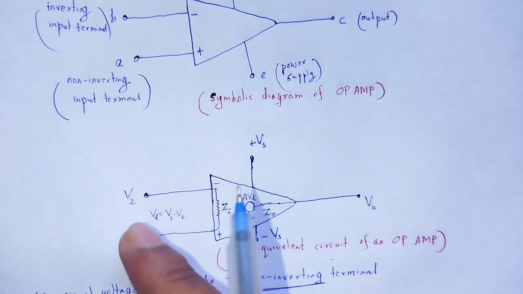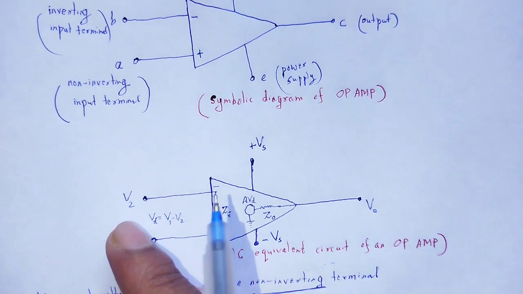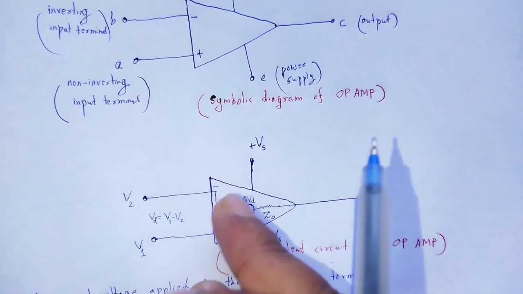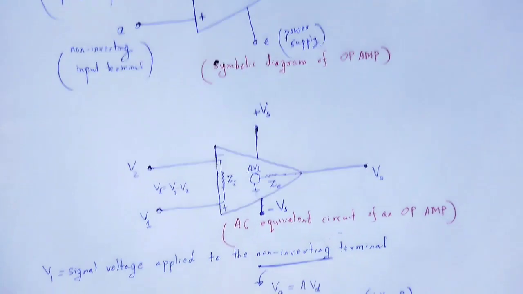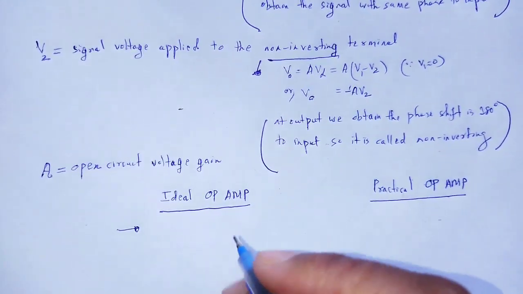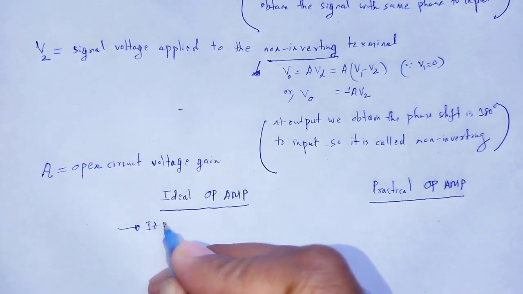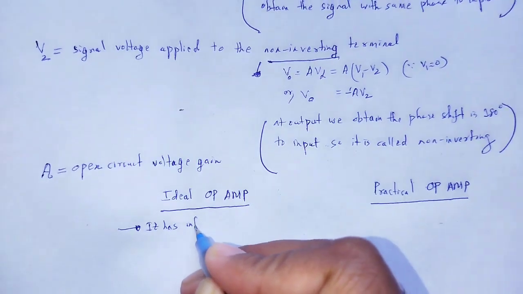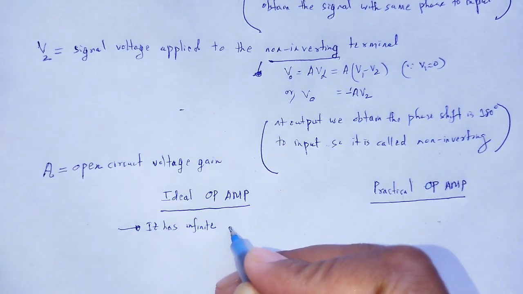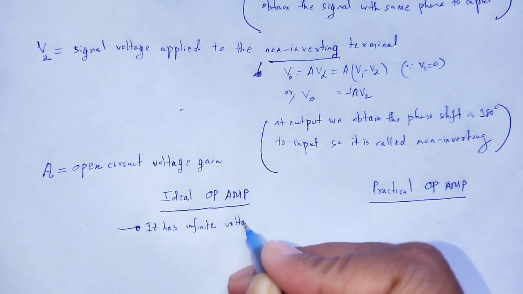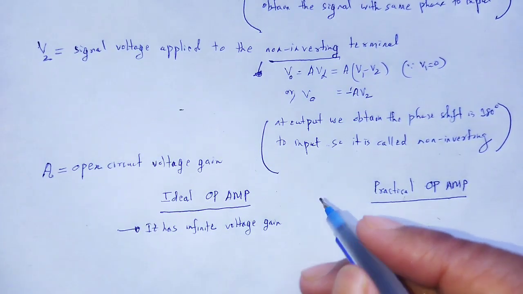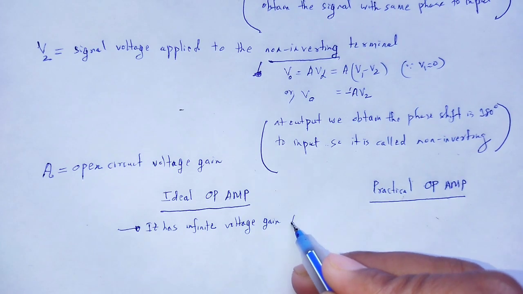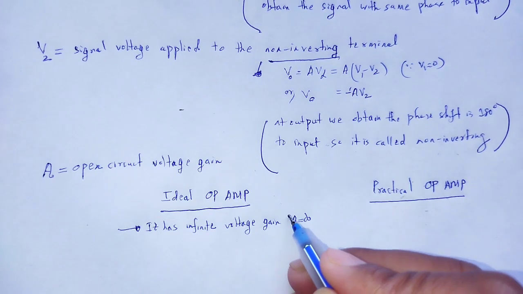Means if we apply a small voltage to the input, then at output we obtain infinite voltage. It has infinite voltage gain, that is A is equal to infinity.